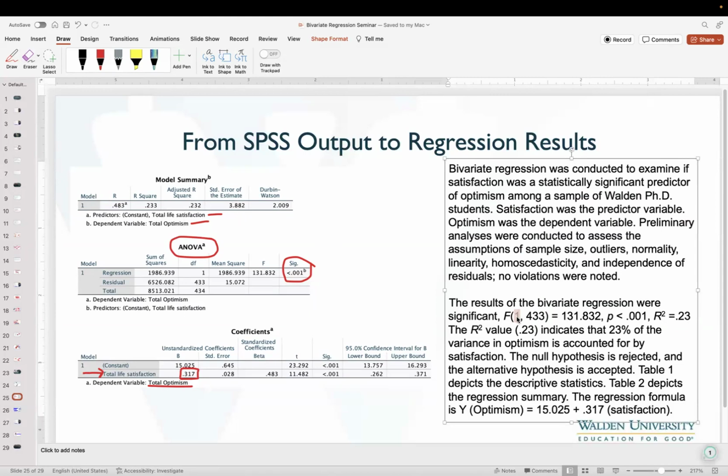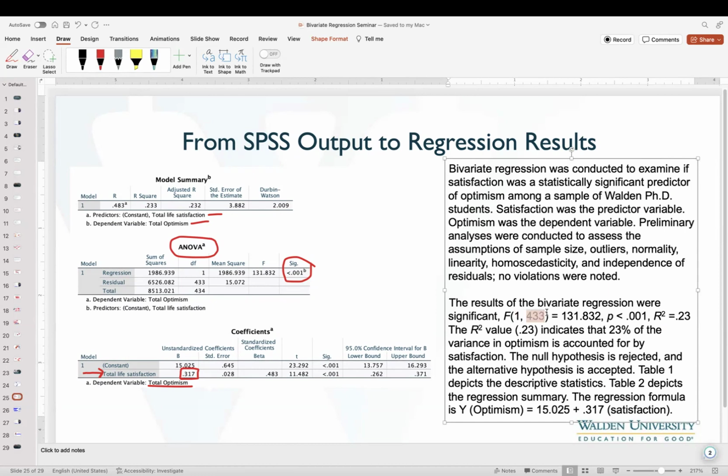That 1 gives you an indication of the number of predictive variables in the model. We know there's only 1 predictive variable in the bivariate regression. If you were to see something in an output like that with a 4 in it, you know that's multiple regression because it had more than 1 predictive variable, just for tidbits.